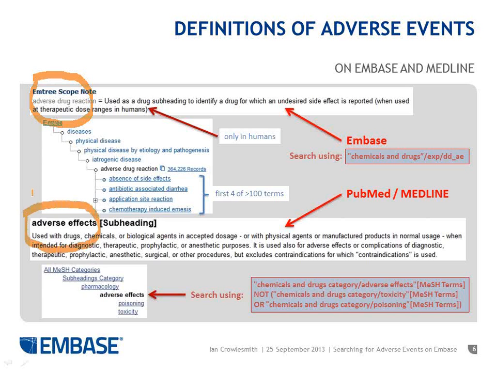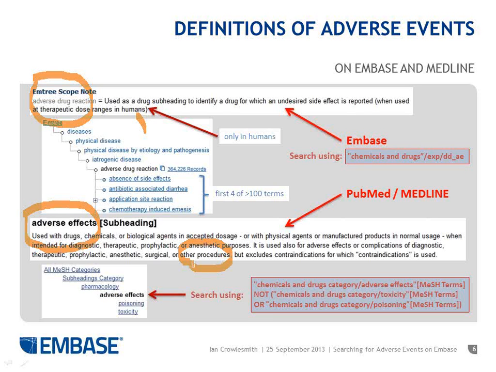The main difference is that the focus on adverse drug reactions in Embase is on humans, as you can see here. For animal studies, drug toxicity is typically used. The inclusion of adverse effects, and on MEDLINE, adverse effects includes also procedures, as you can see here.